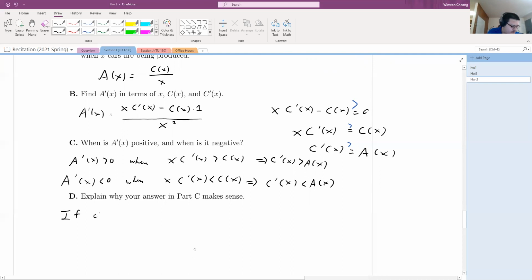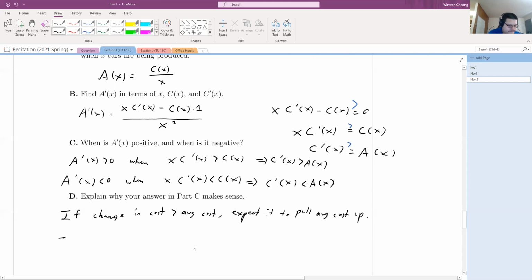But what I wrote here is if the change in cost is greater than the average cost at a given point in time, then you would expect it to pull the average cost up, which is sort of translating why this statement gives rise to this.